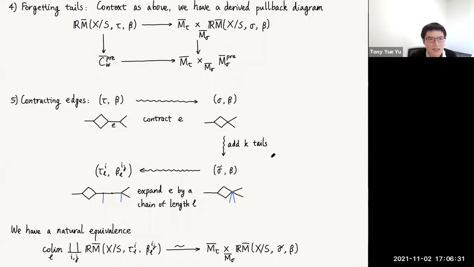A perfect obstruction theory is an application of intersection theory in algebraic geometry. For the same moduli space, one can choose different perfect obstruction theories.